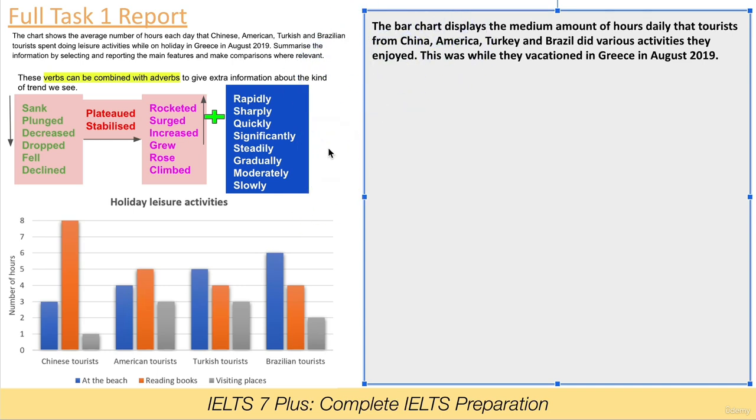So now let's go into our sweeping statement, and let's start it off with a nice phrase like generally.